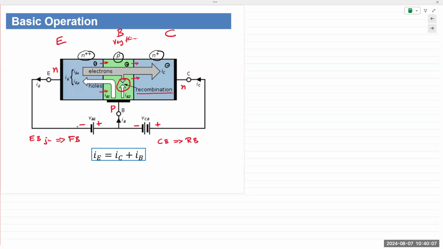Some of the electrons will recombine with the holes inside the base, but a majority of the electrons will cross over the second PN junction and go into the collector. So the collector is receiving or collecting the charge carriers, or the electrons in this case, and hence the name collector.